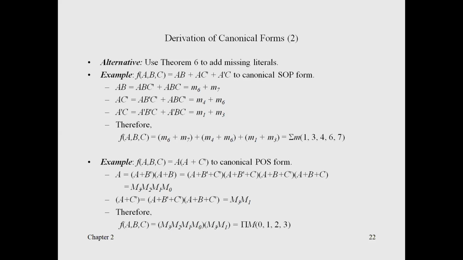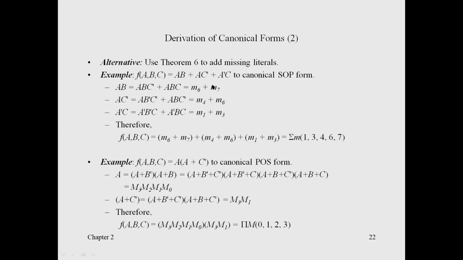Now, how do you standardize? What do you actually mean by standardization of a SOP or POS expression? Take an example expression: AB, AC, AC. One thing is very sure: if this is a function, it is a function of three variables, but in all these three terms, one variable is missing.